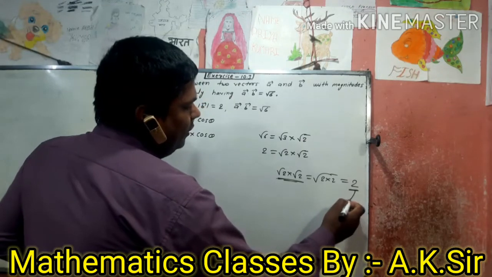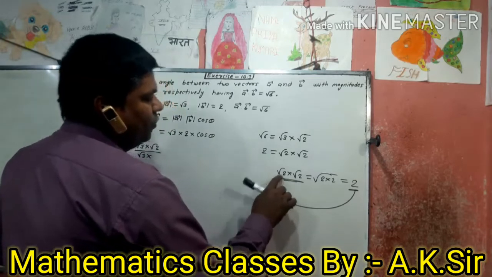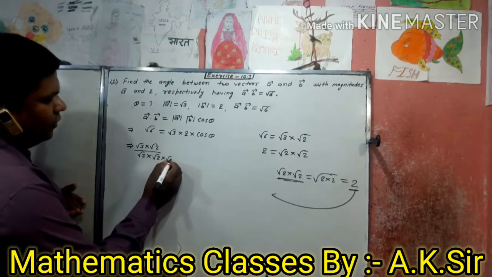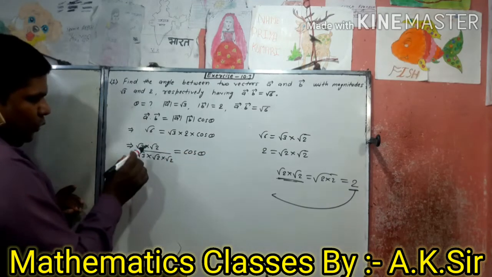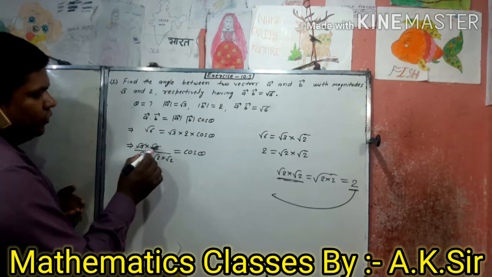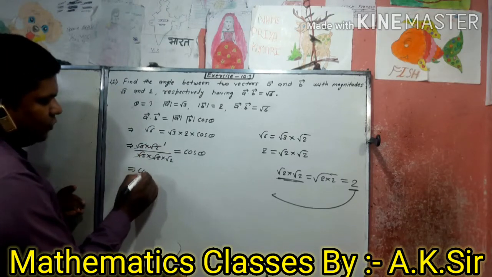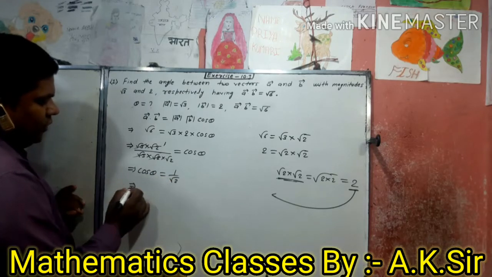So in place of 2 we write under root 2 multiplied by under root 2. Root 3 cancels, root 2 cancels, and here remains 1. Implies that cos theta is equal to 1 by under root 2.